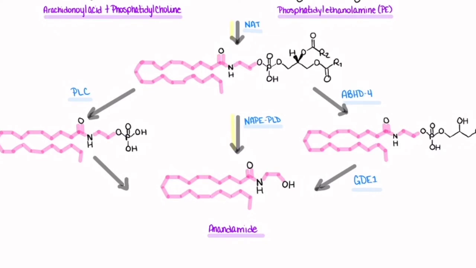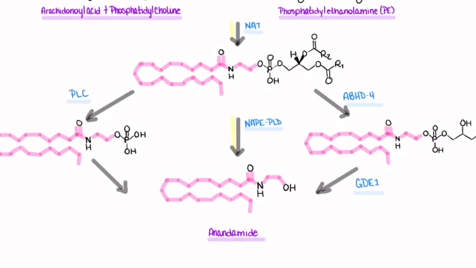Anandamide synthesis can be simplified into a two-step pathway consisting of a calcium-dependent N-acyltransferase, known as NAT, and N-acylphosphatidylethanolamine-hydrolyzing phospholipase D, also known as NAPE-PLD.